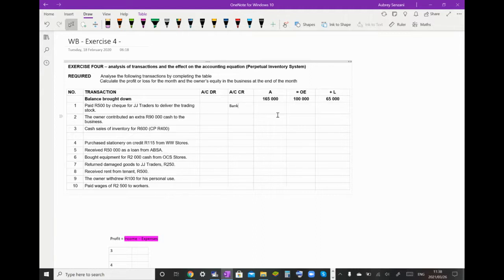But remember what I told you guys: trading inventory is not just the actual cost of the stock. It's everything that gets the product to the shelf. So you would actually put that under trading inventory. Does that make sense?